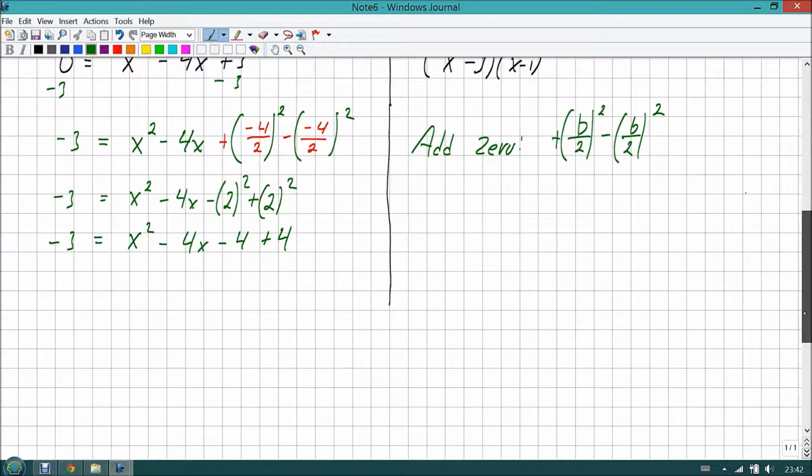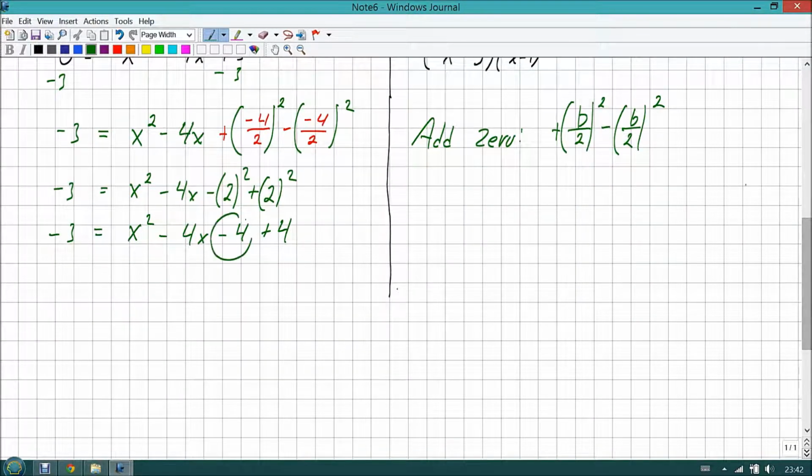Is it possible to have a negative value for your c value if you have a perfect square trinomial? The answer to that question is no, it has to be a positive value for your c. So I'm going to add this 4 to both sides. When I do that, I now have 1 is equal to x squared minus 4x plus 4.